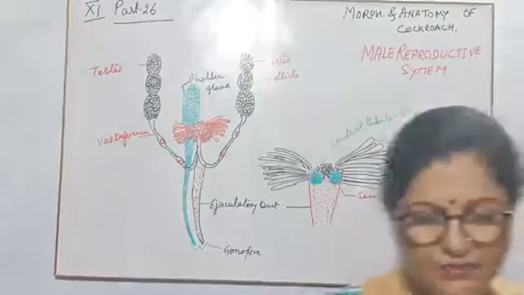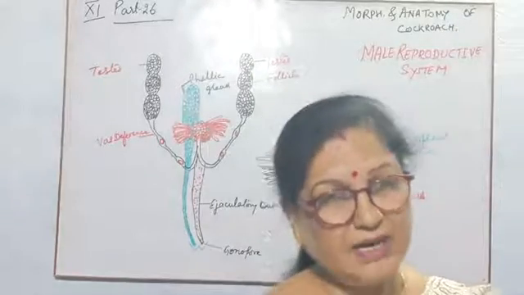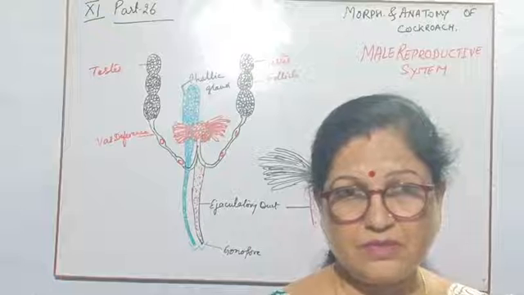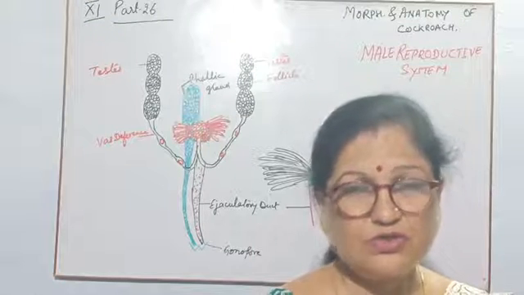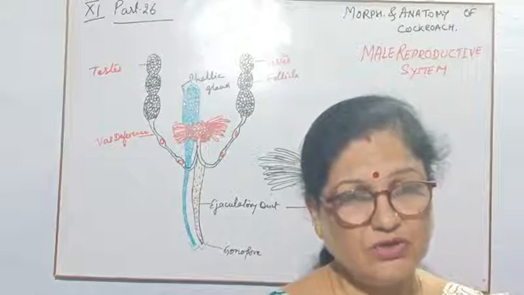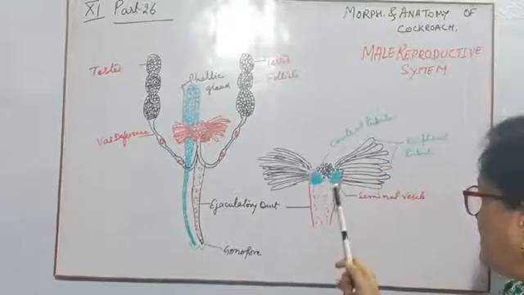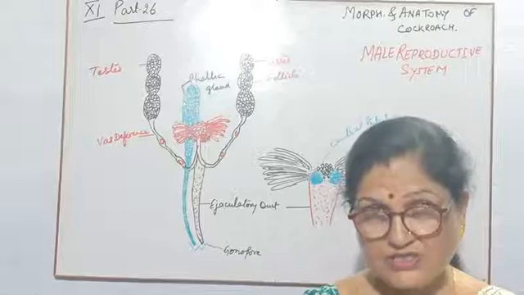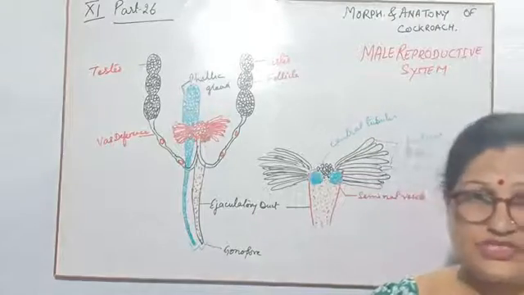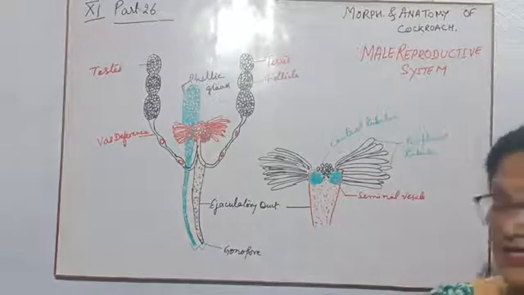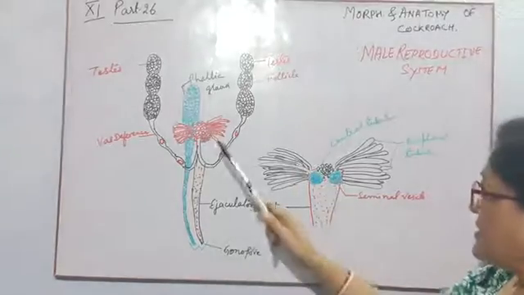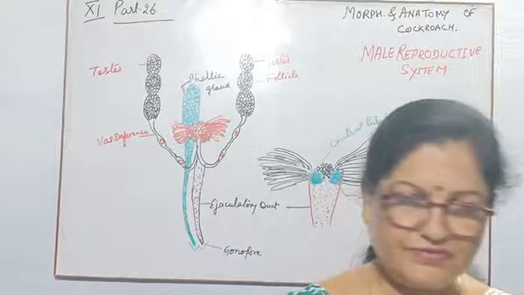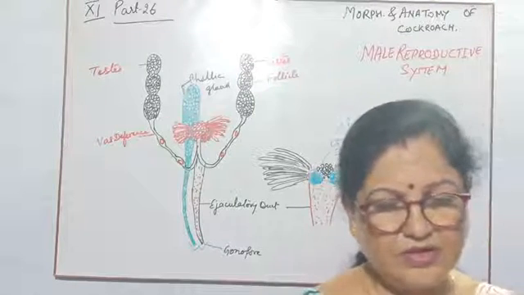Children, in human beings or in other mammals, the seminal vesicle gives some secretion to make the sperm mature. So here also the seminal vesicle first stores it and then gives some secretion to mature the male gamete.